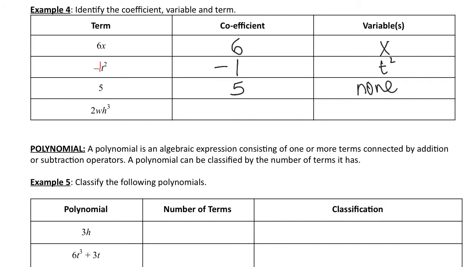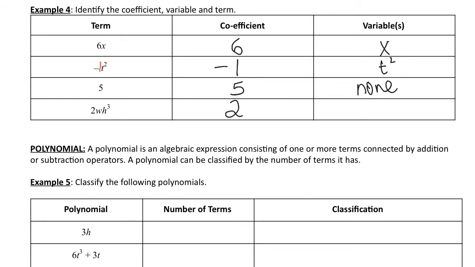In our last term, 2wh cubed, the coefficient would be 2. That's the number that's at the front. And this time, our term has multiple letters, and that's okay. A term can have as many letters as you want. The reason why there would be more than one letter is because there is more than one unknown.